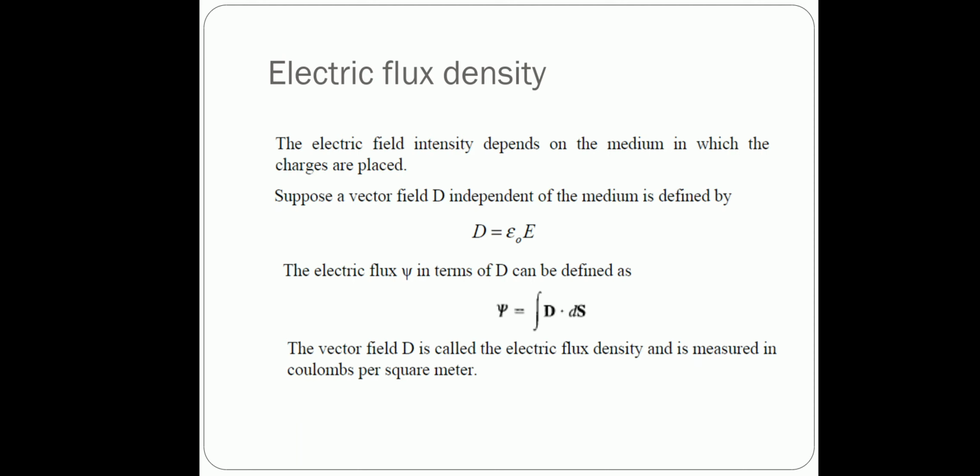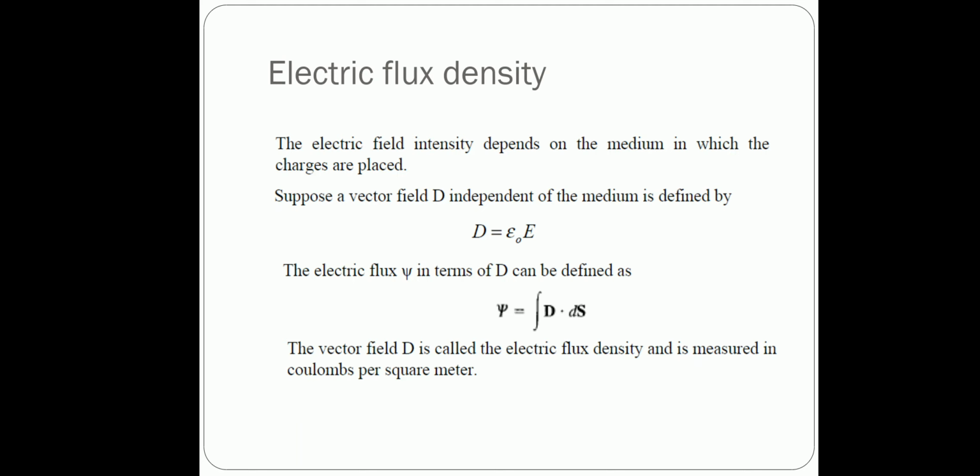The electric flux is defined as the electric field times the normal area vector, or we can say that the electric flux is the integral of electric flux density over a surface. So that is the basic idea. This electric flux psi is the surface integral of electric flux density over a surface.